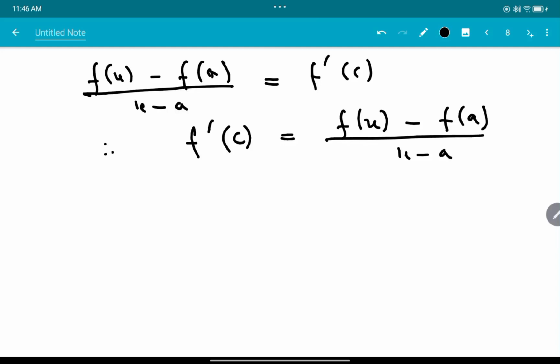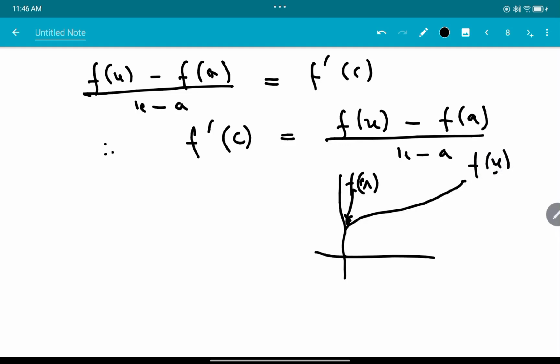But what is this? Yes, let us see what this is. Suppose you have this f(x). Here, this is f(a), and here f(x). When you take f(x) minus f(a), you are actually taking the change in the function.